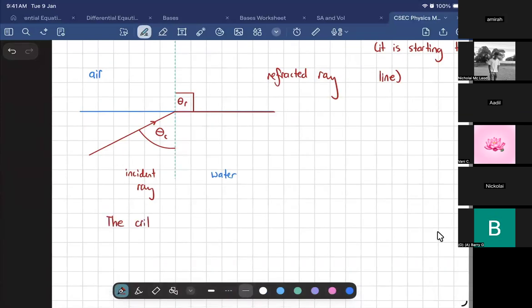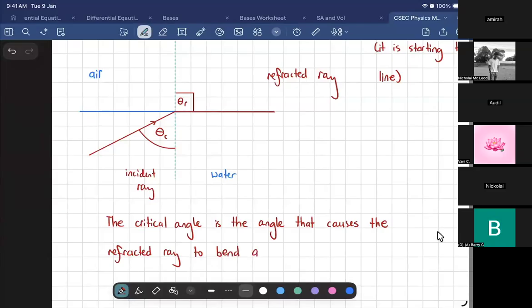The critical angle is the angle that causes the refracted ray to bend 90 degrees away from normal.